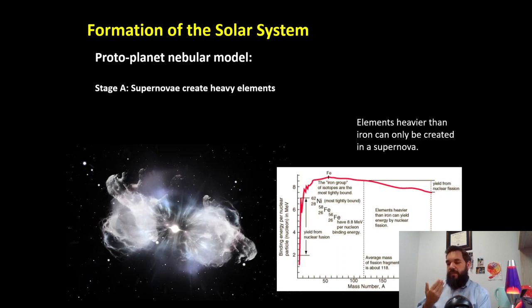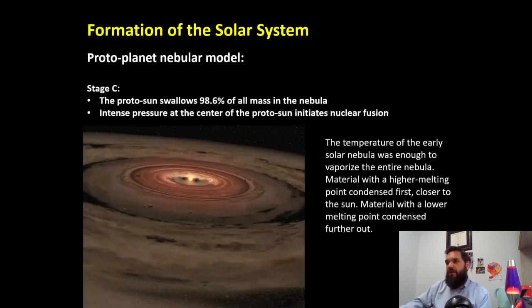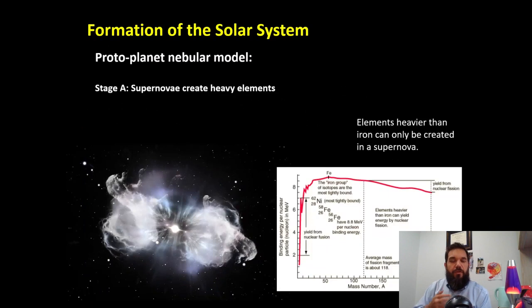I'll begin by saying that the first step happened very early, before our solar system actually began to form. We think that there was probably a supernova close by in the galaxy to where our solar system currently is.